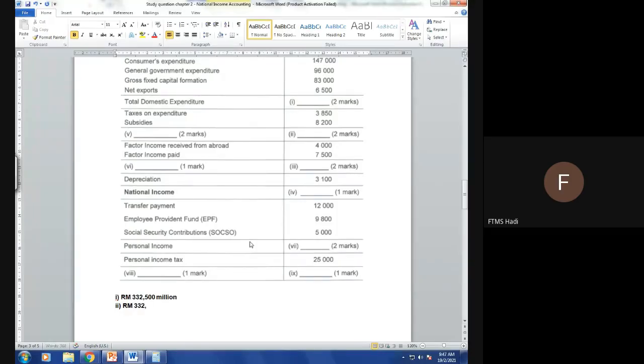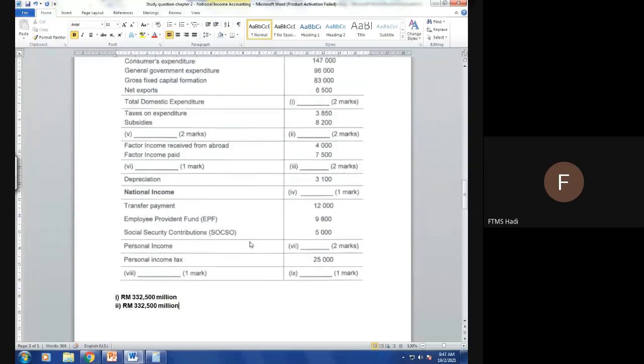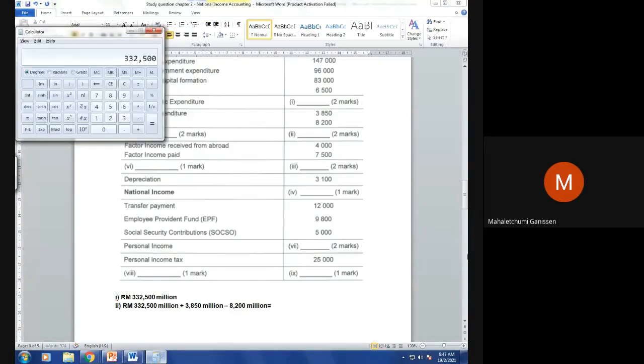Let me know if I get the wrong answer. Plus 3850 million, minus 820. 328150. Okay, hold on. Plus 3850 minus 820. This one, right? This is the same? Yes, sir.